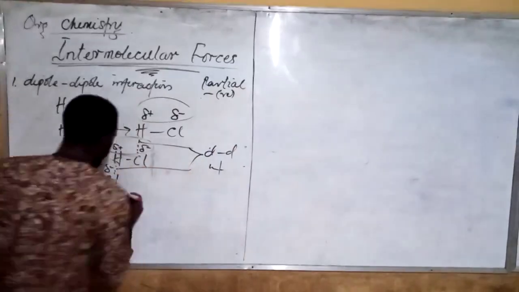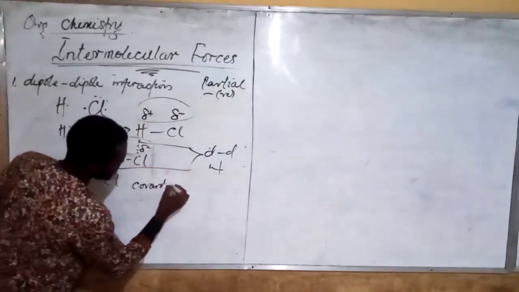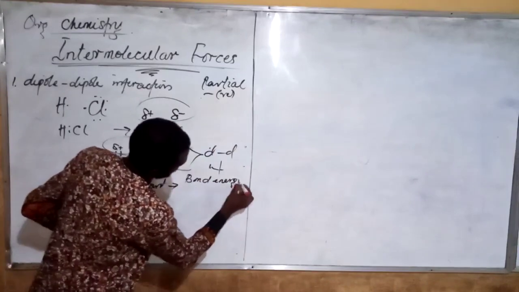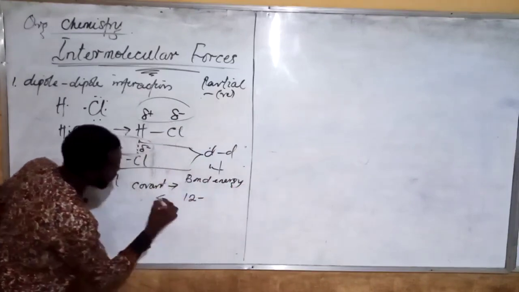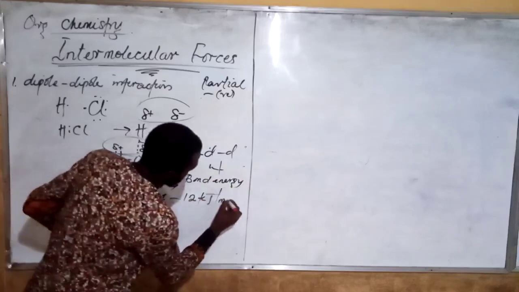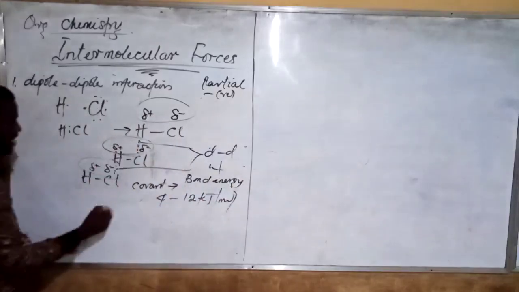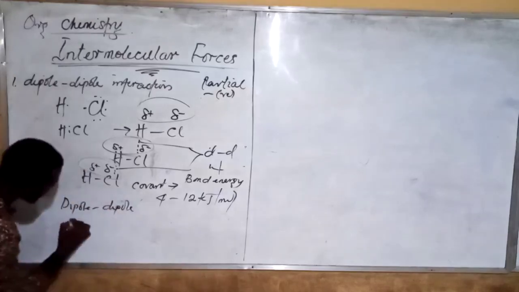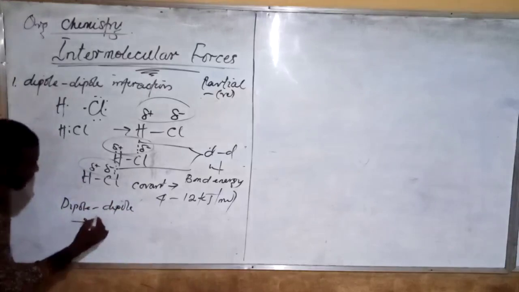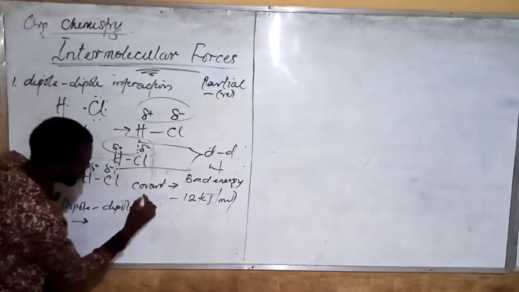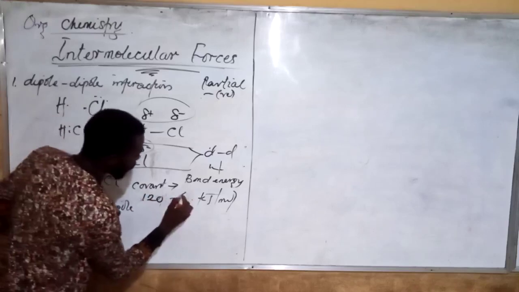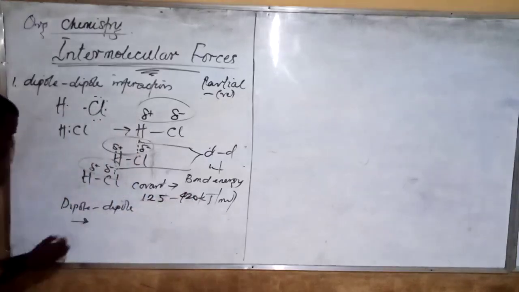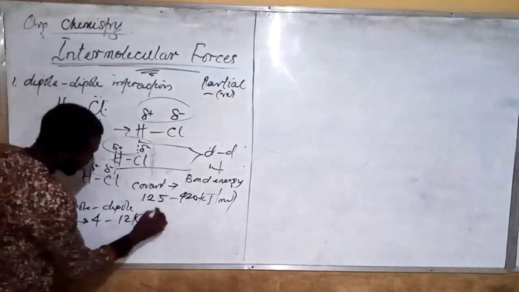Remember that we said the covalent bond has a bond energy of 120 to 420 kilojoules per mole, while this one has a bond energy of 4 to 12 kilojoules per mole. So compare this.